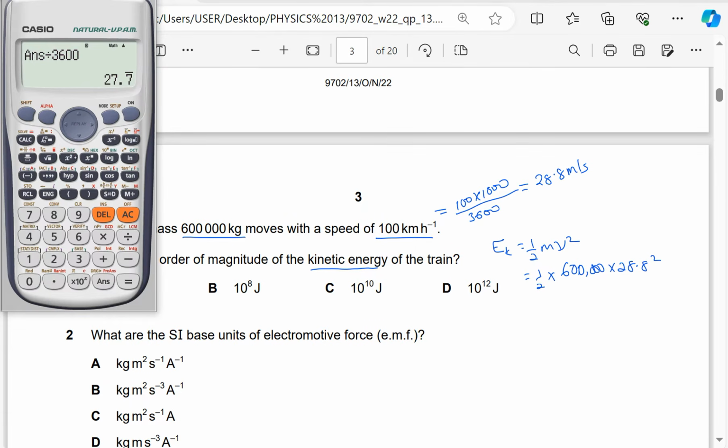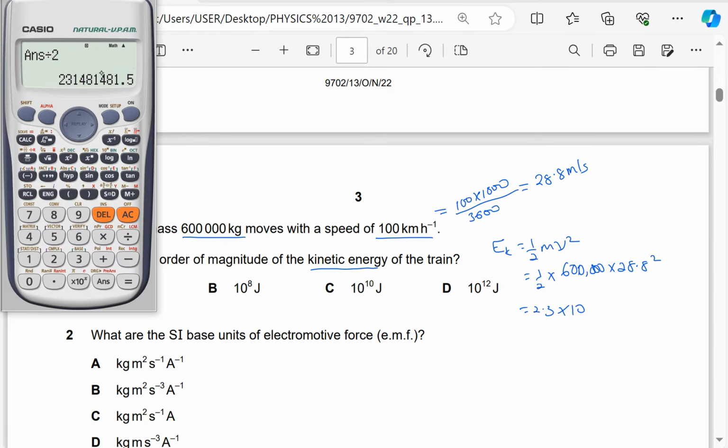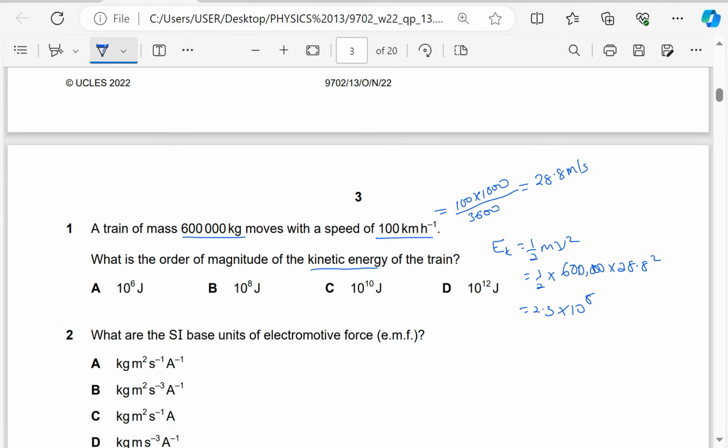So I'll first square the answer here, then times 600,000, then divide by 2. So this is 2.3 times 10 to the power of 8, which makes our answer B.